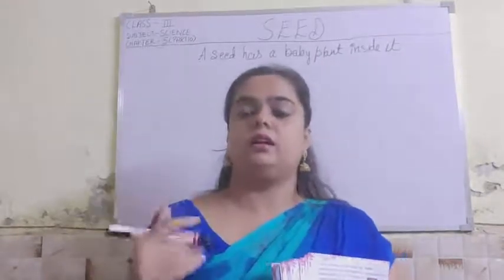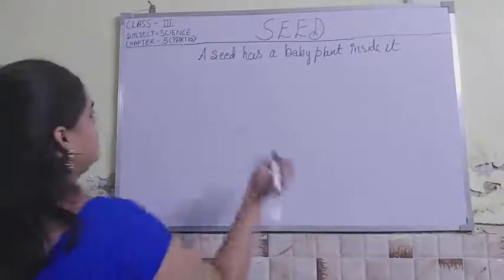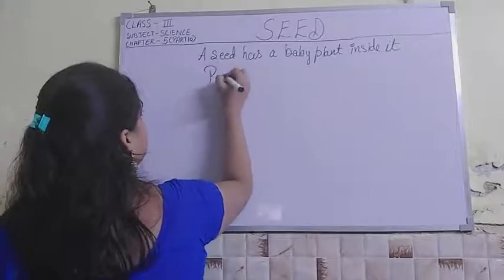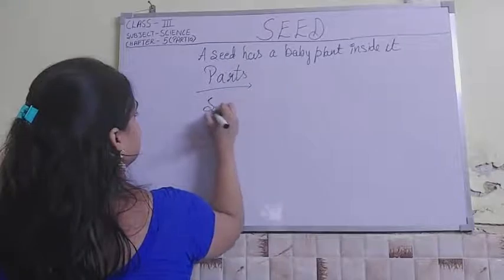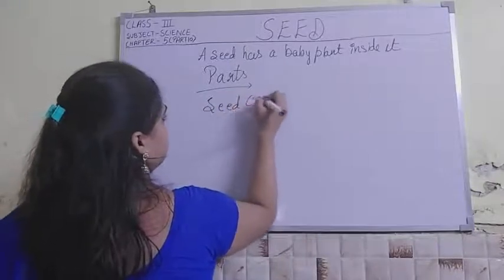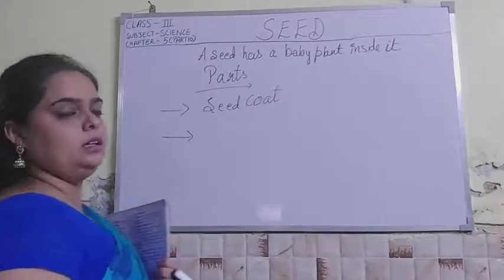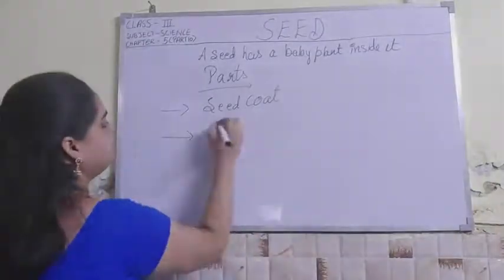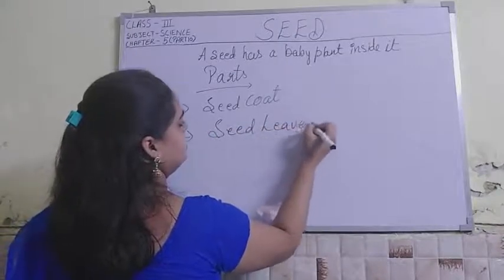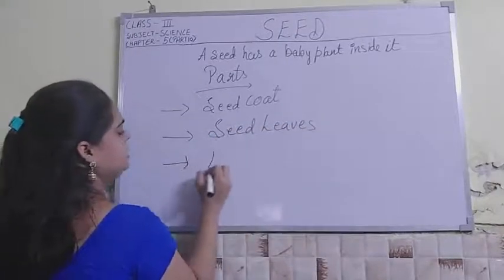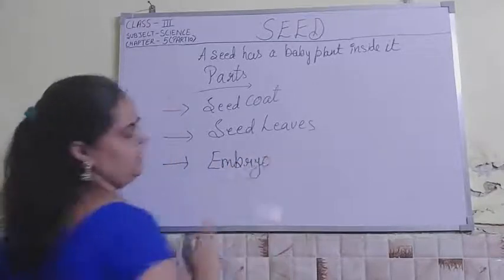Okay, the seed has three parts. If we are talking about the parts of a seed, it has three parts, and those parts are seed coat, then the second part is seed leaves, and the third part is embryo.